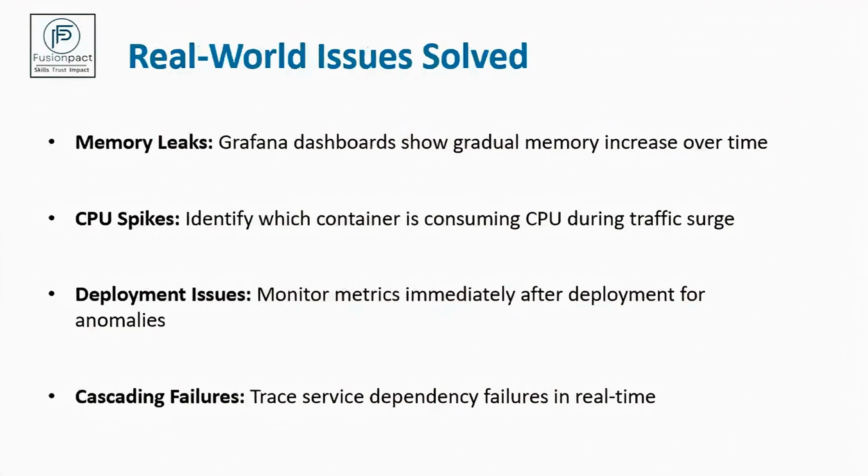The issues it solves include memory leaks. We can see how much memory is being utilized and which process is using the memory. We can also detect CPU spikes, in what period the CPU is spiking and which process is using more CPU, so that we can optimize that process or those memory-consuming processes.